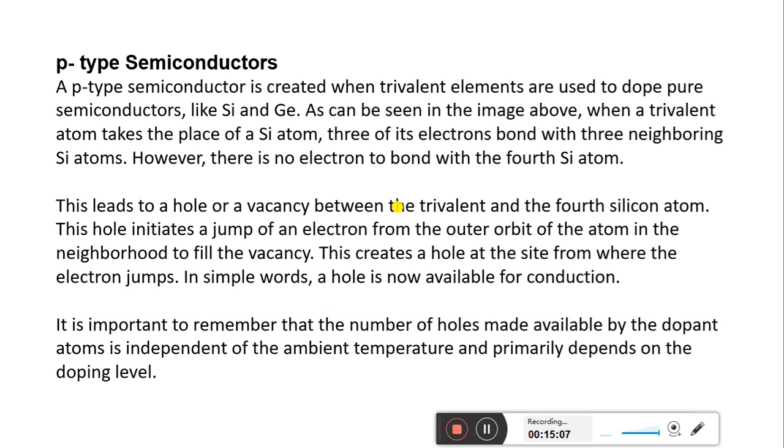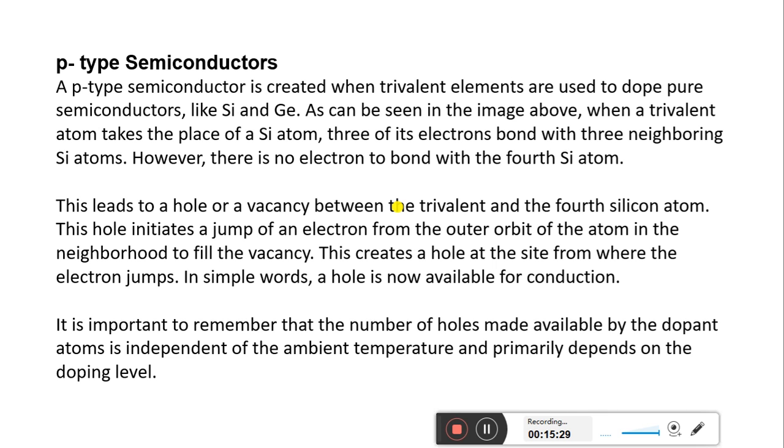As can be seen in the figure, when a trivalent atom takes the place of a silicon atom, three of its electrons bond with three neighboring Si atoms. However, there is no electron to bond with the fourth silicon atom.